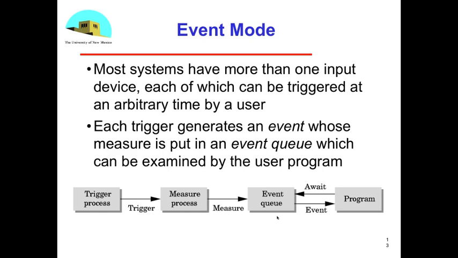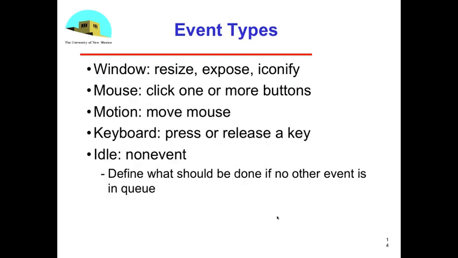The other thing we want to look at is what kinds of events are relevant to computer graphics. So let's finish up by looking at the types. The simplest ones, or at least the ones you're most familiar with, are things like the mouse. You click one or more buttons, they generate an event, and that input goes into some event queue. You may be measuring the motion of the mouse all the time.